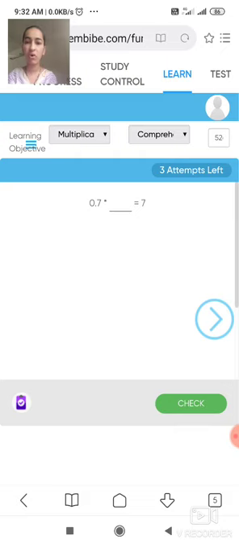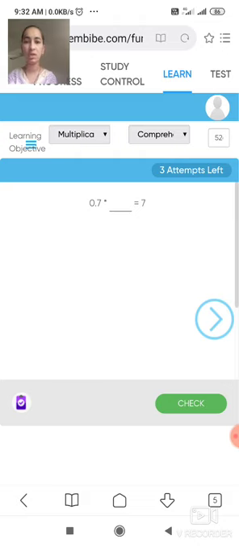Yes, we have solved these types of examples. We have learned that when we multiply any decimal by 10, by 100 or by 1000, the decimal is shifted to the right by as many places as the number has zeros. In 10, one zero is there, so if you multiply 0.7 by 10, the point is shifted to the right by only one place.